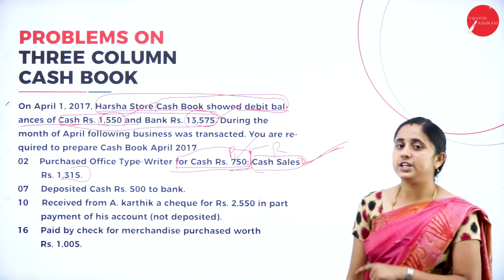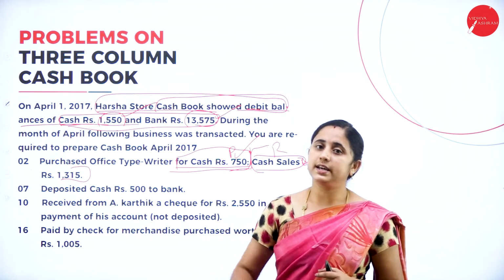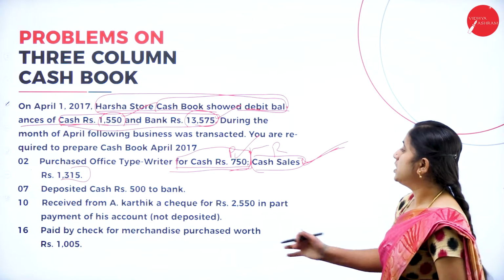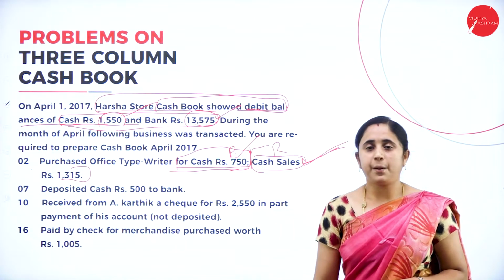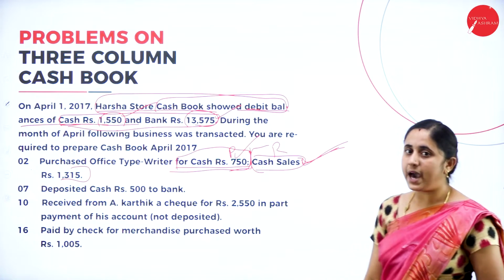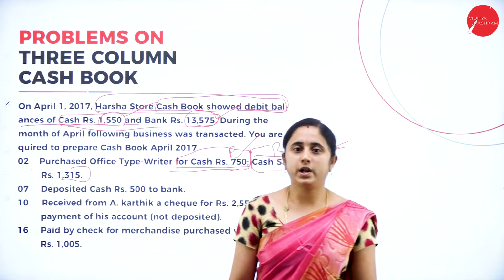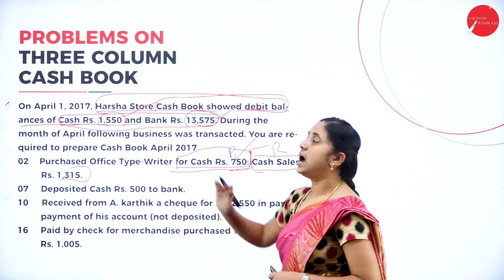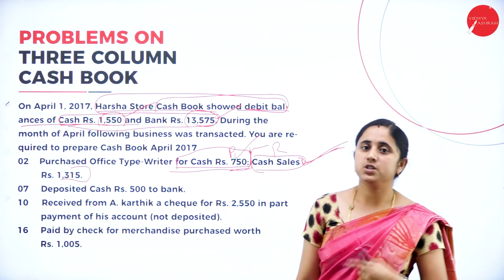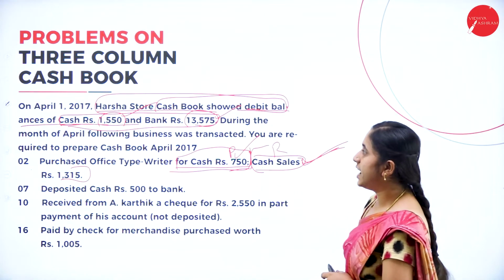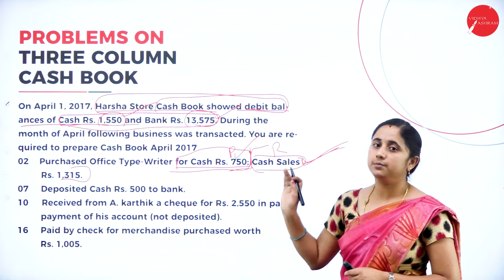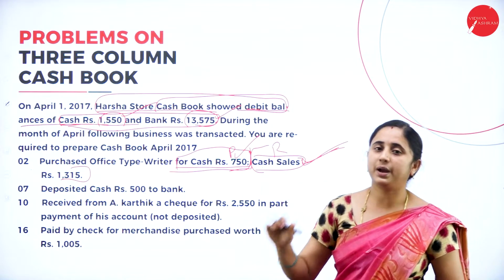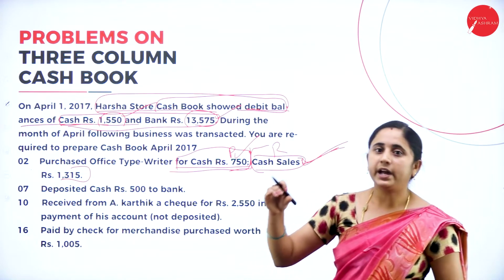This is over. Next, April 7, deposited cash into bank. What is the journal entry for depositing cash into bank? Normally in a single column cash book, in the last problem, cash deposit into bank, depositing cash means cash is going out, so on the payment side you write bank account.